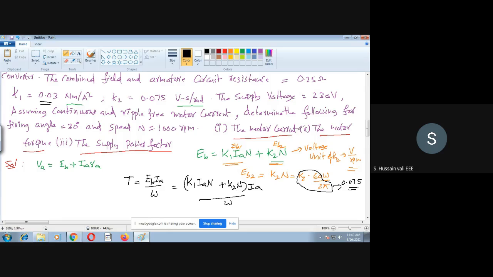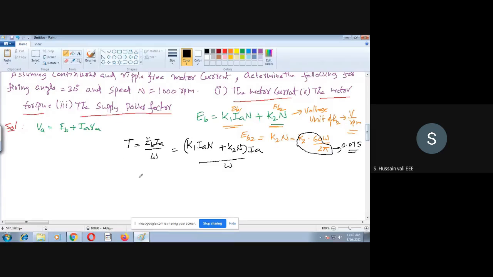So torque is equal to K1 IA square into N divided by omega, plus K2 N into IA by omega.